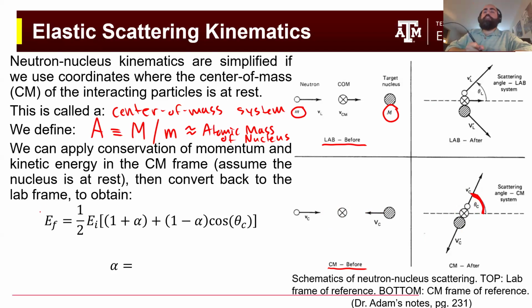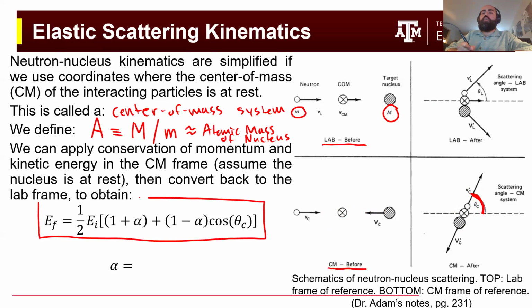If you do the math, this is the expression for the final energy of the neutron coming out of that collision. The final energy of the neutron only depends on its initial energy, the deviation angle in the center of mass frame, as well as this parameter called alpha.